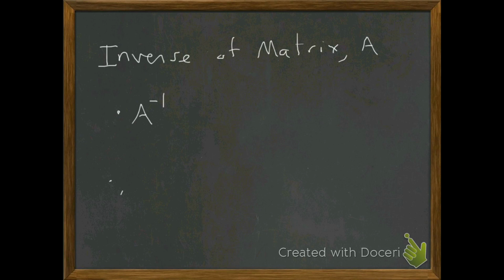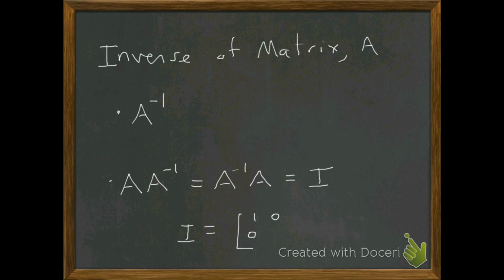And we know that the inverse is that special matrix that when multiplied times our matrix A gives us the identity matrix. So in a 2x2 case, the identity matrix is, I'm pretty sure we talked about this before, just the matrix that has ones on the diagonal.